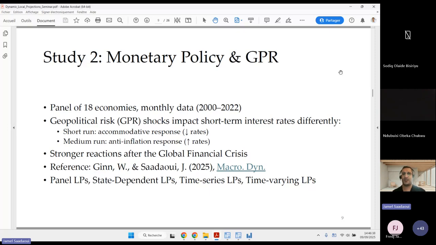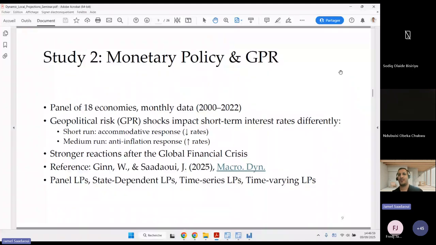What we discover is that the reaction to a geopolitical risk shock is different. In the short run, central banks may lower the interest rate, especially if the shock is big, to stabilize aggregate demand and to fight negative consumer sentiment.